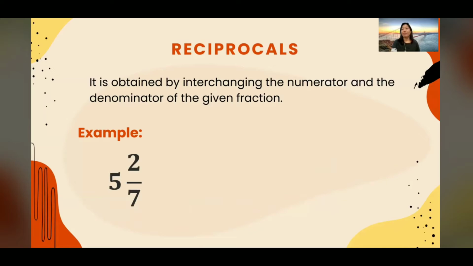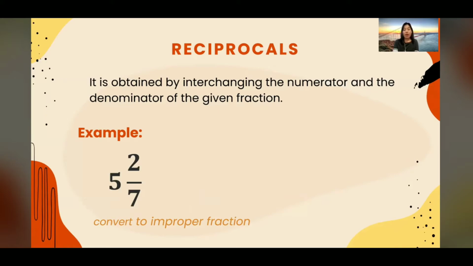So another one, 5 2/7. Mixed number, right? So what is the first thing to do? That's correct. Rename it to an improper fraction. And how do we rename it? All right, we will just simply multiply the denominator by the whole number and then add the numerator, and that will be our numerator.